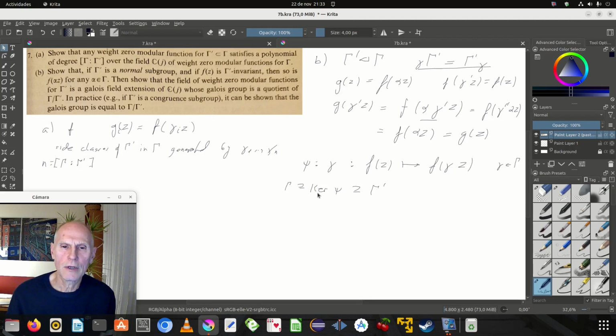So gamma is also a normal subgroup of the kernel, of course.